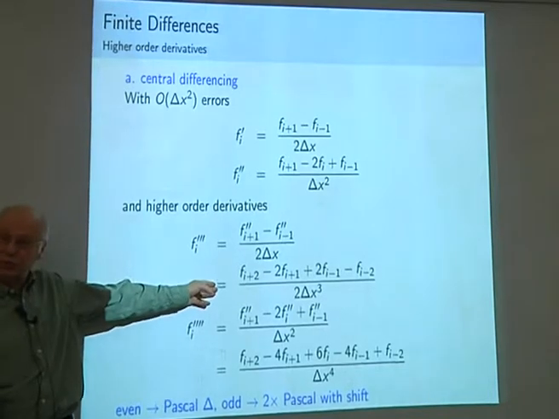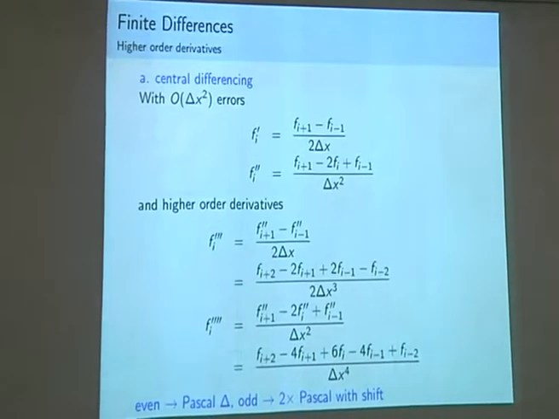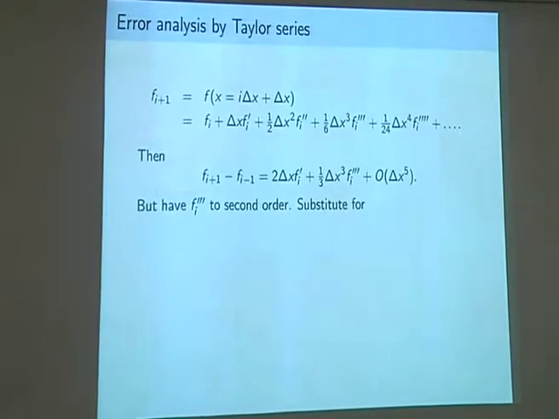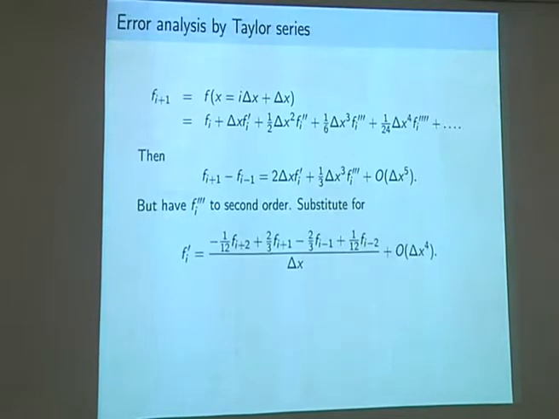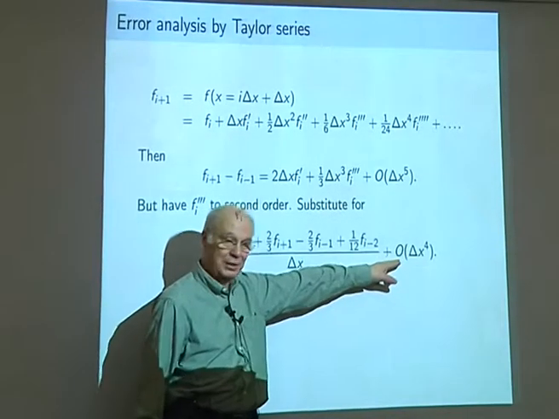So if we substitute the third derivative into the expression of the error, we end up with this expression. There are other ways of deriving this complicated expression, but this is a formula for the first derivative with fourth order accuracy.